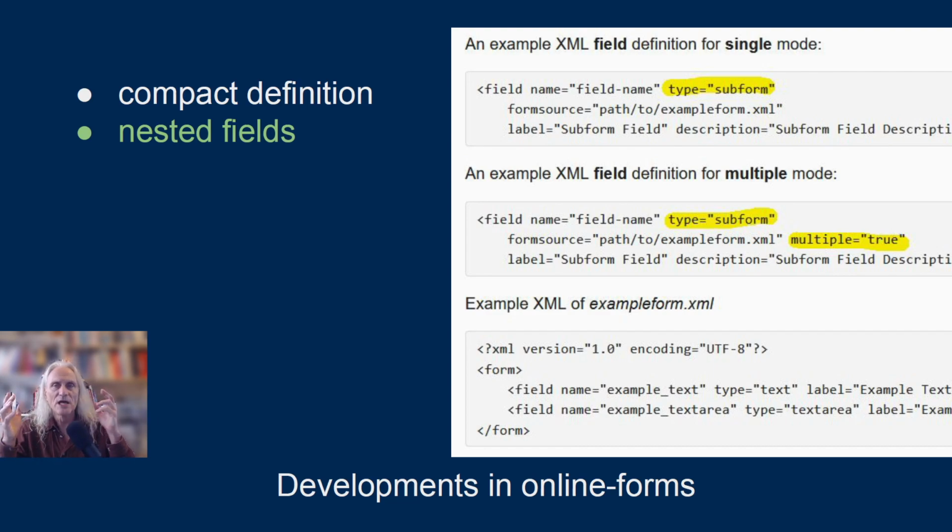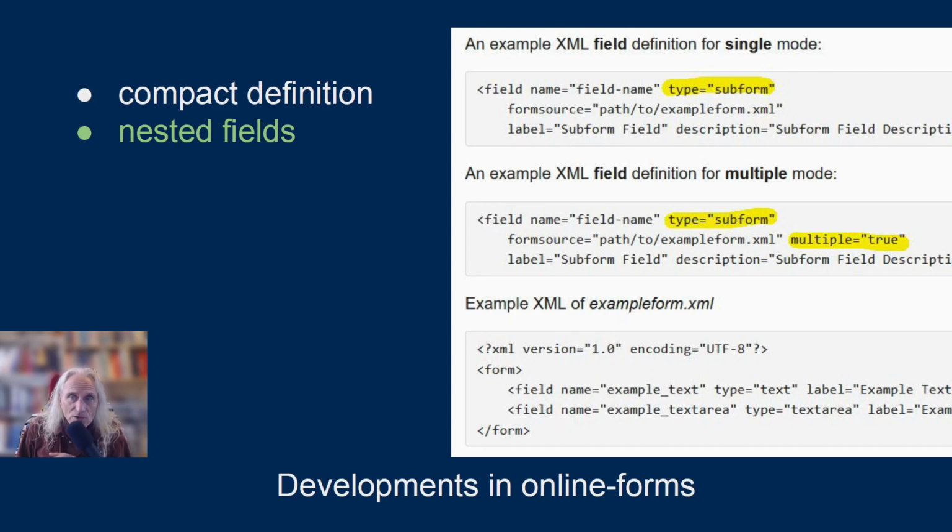So, for instance, you could have an order form with order lines, also as a form for an order line, and you can have multiple of those order line forms in your order form. So by nesting, you have a powerful possibility to give some structure to forms.